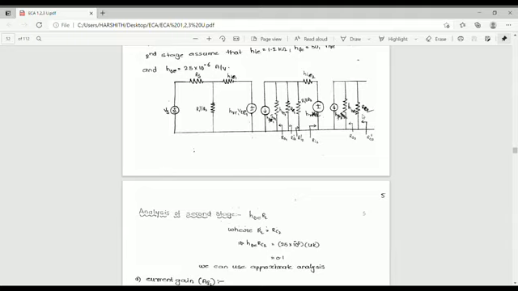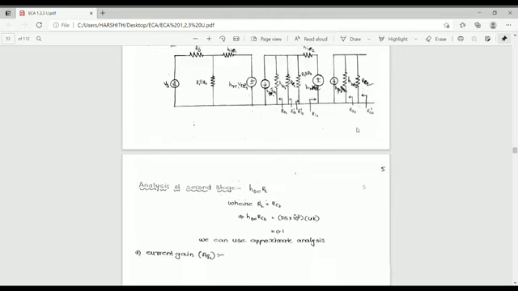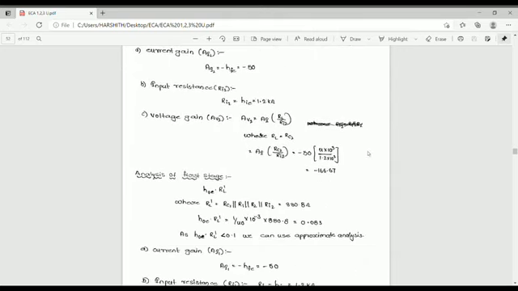HOE RL equals HOE, which is 1 by 40 into 10 power minus 3, into the RL value just known, 881.8. That becomes HOE RL value 0.022. In this, current gain equals AI1.